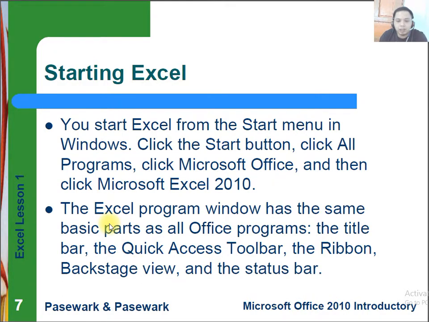Okay, so the Excel program window has the same basic parts of all Office programs. Okay, so sabi dyan, yung Excel daw is may parehas na design, okay, ng user interface or yung window na tinatawag. Okay, pag sinabi natin window, hindi yan yung bintana.